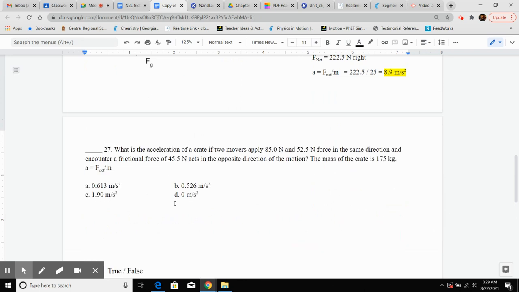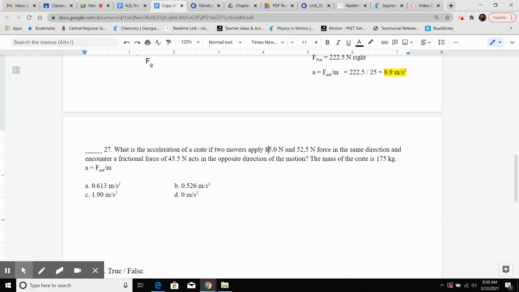Okay. So in this one, you have two movers that apply 85 newtons and 252.5 newtons of force in the same direction. So what do I do with those two forces? Same directions, we do what? Add them.